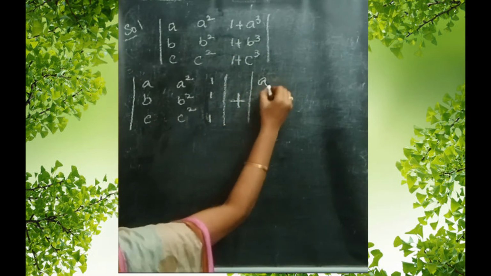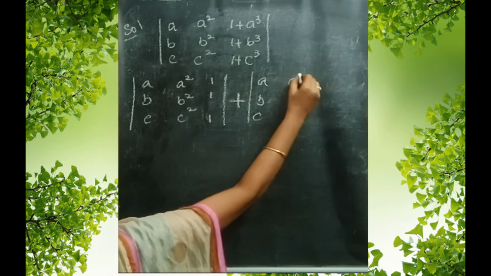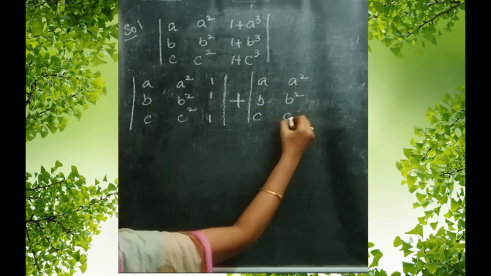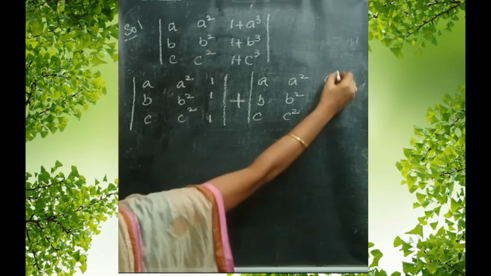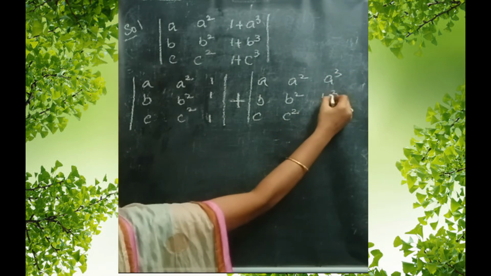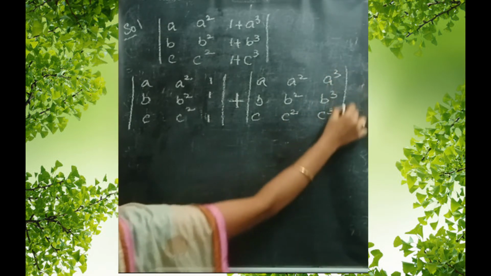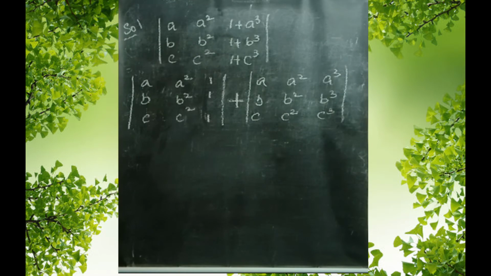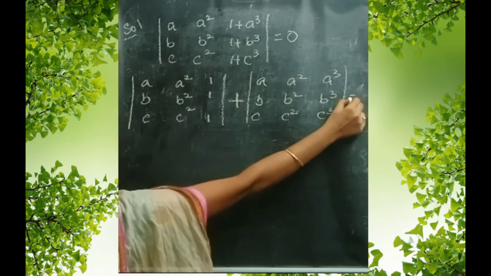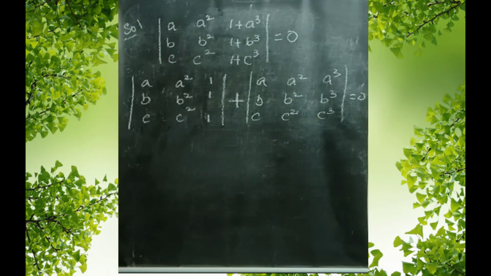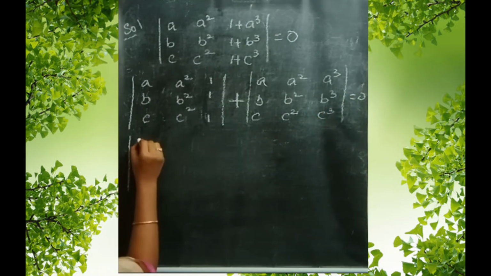There is a property we already discussed in the before section. You can see the link in the description box to check these properties. I have given it equal to 0, right? So equals 0. Next, do like this.